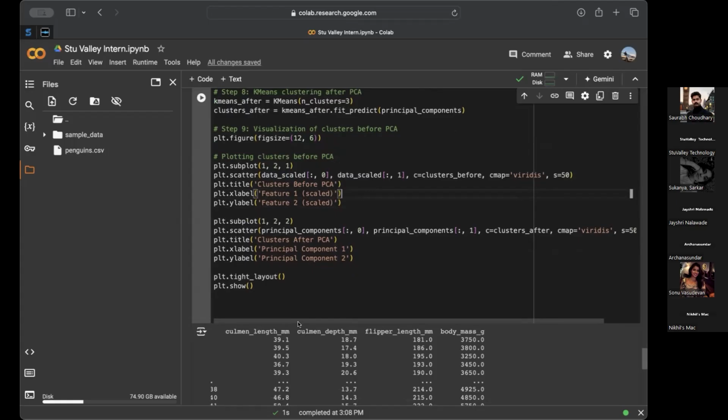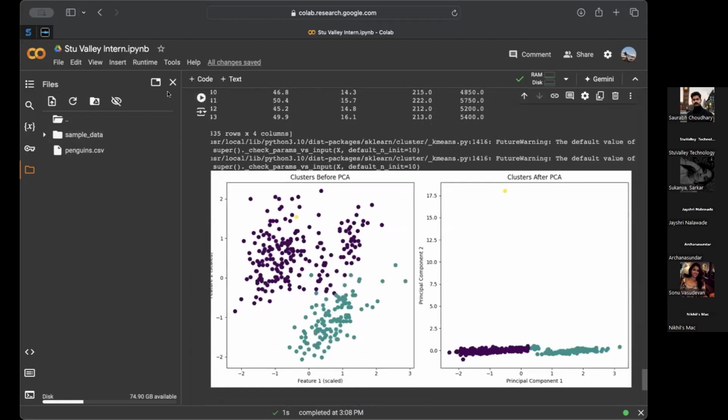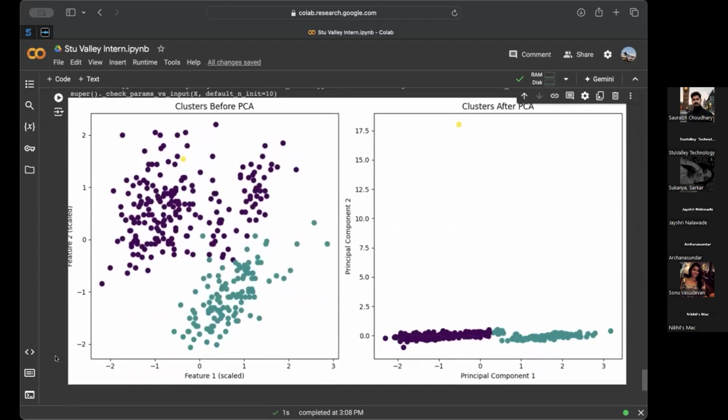Okay, now show me the graph. Before PCA, before reducing the dimension, it is looking like this, and after reducing, it became very clear now.